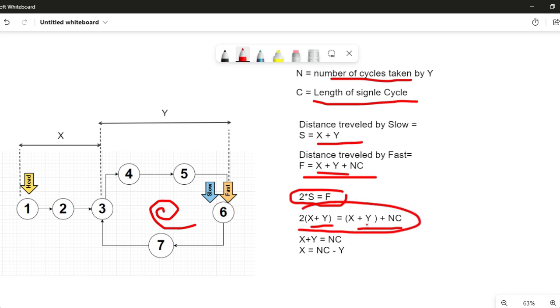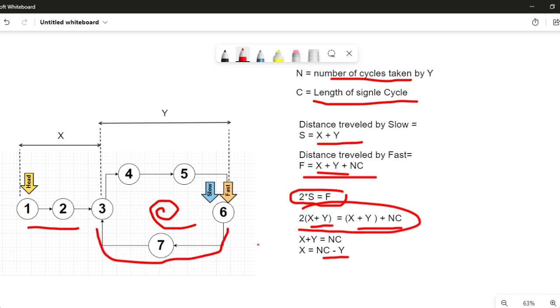As we move x plus y to the left side, we will have x plus y equal to the length of cycle into some number. Now if we move y to that side, we will have x, which is this distance, equal to the length of cycle minus this y, which becomes this length.